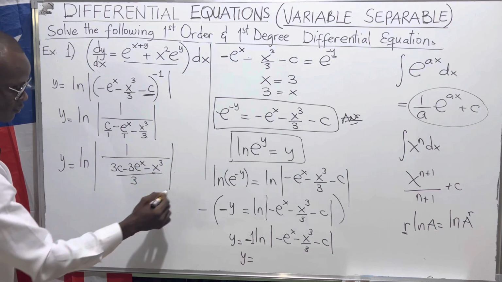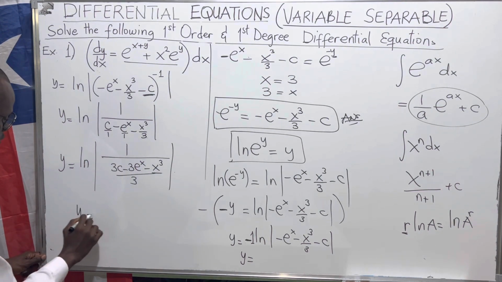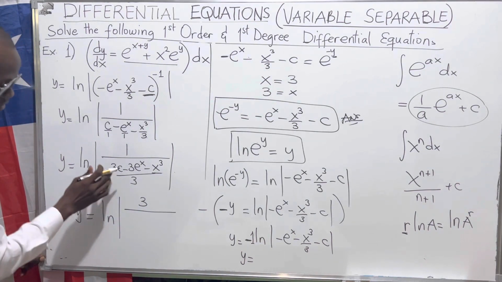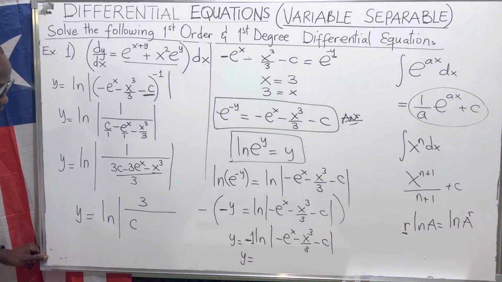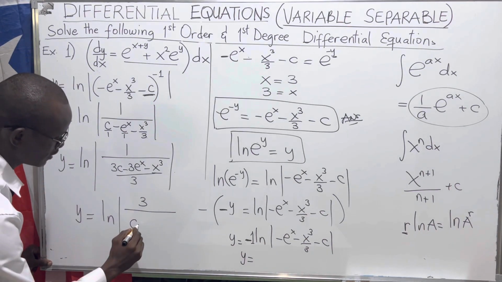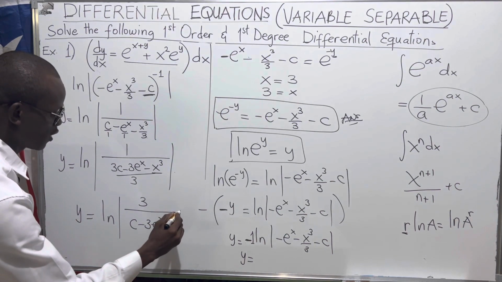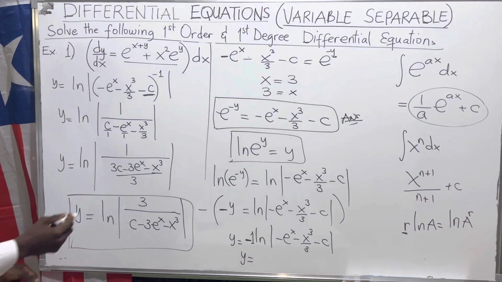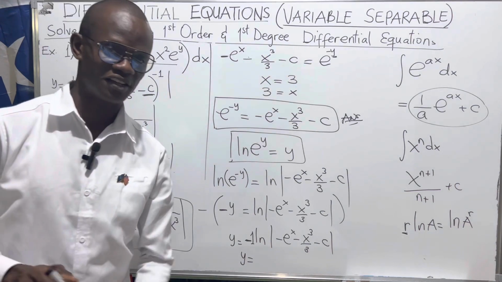So this 3 down here goes in the numerator. So you have y equals the ln of 3 all over. Now this 3c is just the same as saying c, because it's just a constant, so we just say c. Minus 3 e raised to the power x minus x cubed. So this is our final answer. This is the answer that we want, but you can stop here as your final answer.